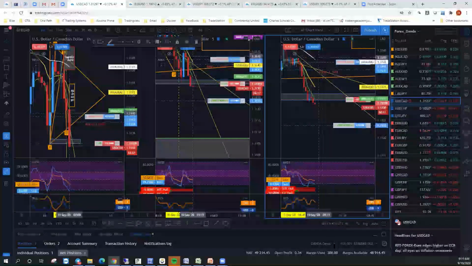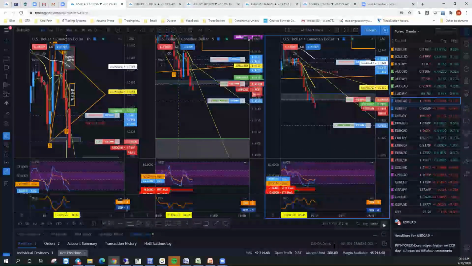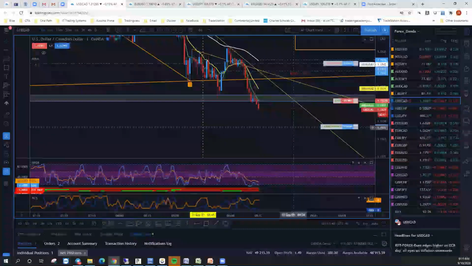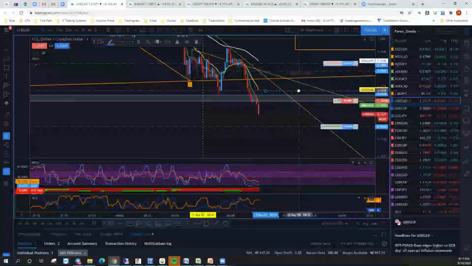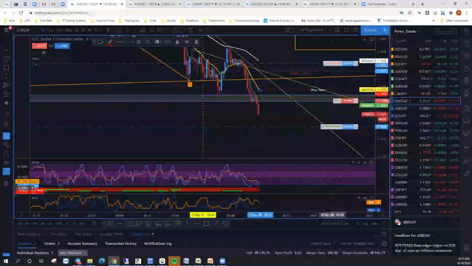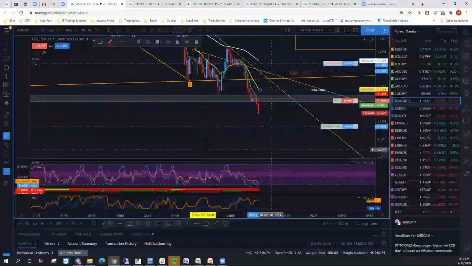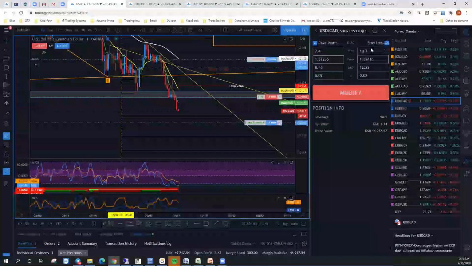Let me get my chart up here so I can see what I'm doing. There's the beginning of my stop zone. Here's my 7 pip target. I think 7 pips. Yep.